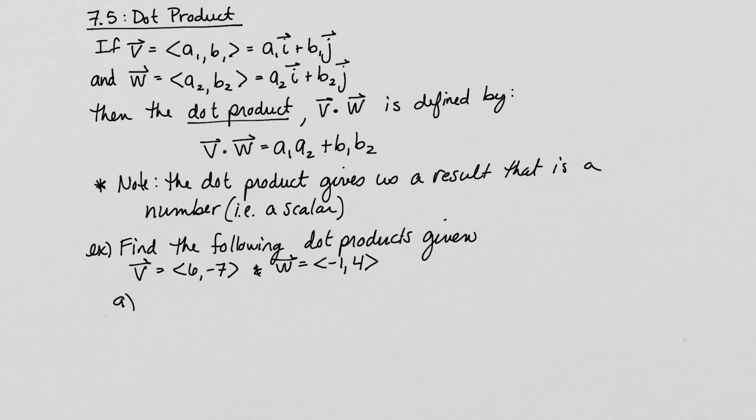The first one we're going to find is vector v dotted with vector w. When you do the dot product, you're just taking the x components and multiplying them times each other, and then adding the y components multiplied times each other. So this is going to be 6 times negative 1 plus negative 7 times 4. And so that would be negative 6 minus 28, so negative 34.